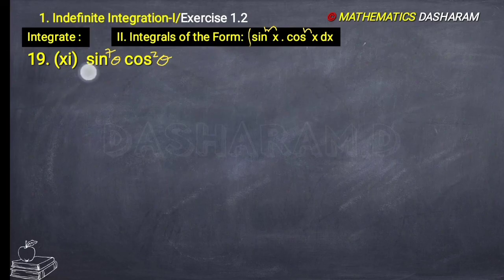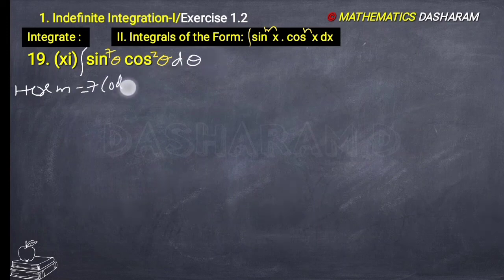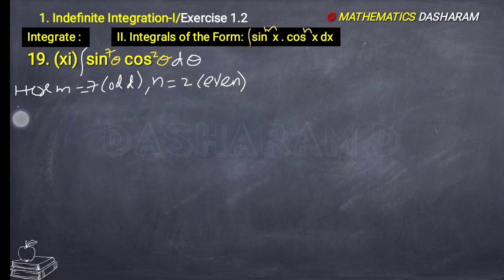11th question: sin to the power of 7 theta into cos square theta. Apply the integration with respect to theta. Here the m value, that is the power of sin theta, 7, is an odd number. The n value, that is the power of cos theta, 2, is an even number. So let's substitute cos theta equals t.